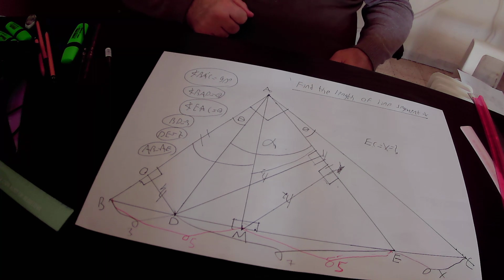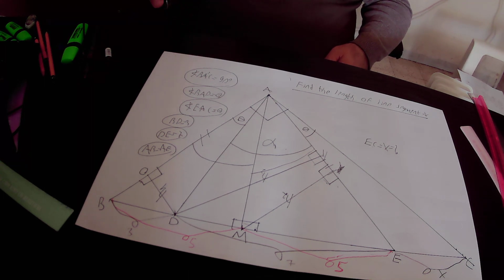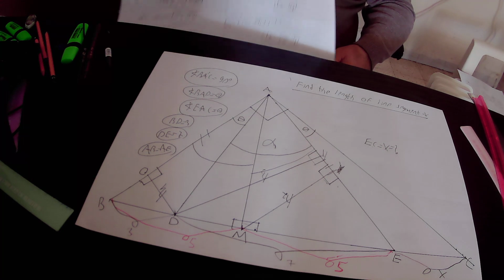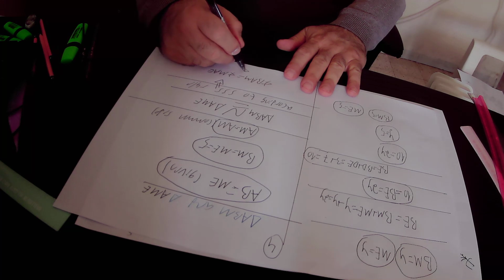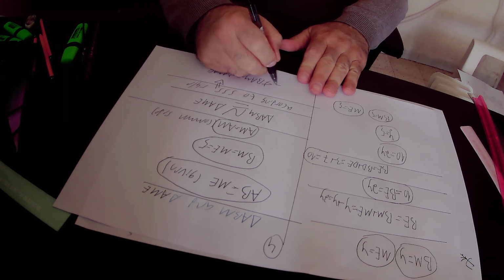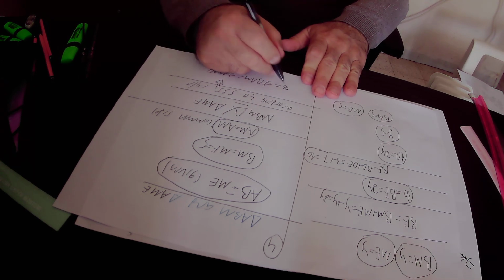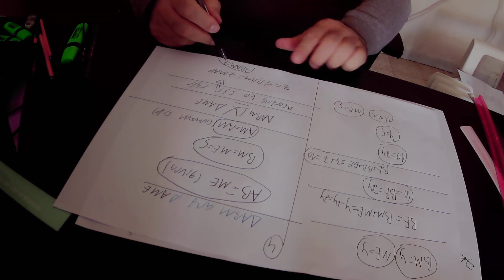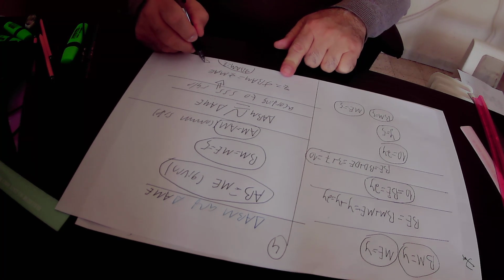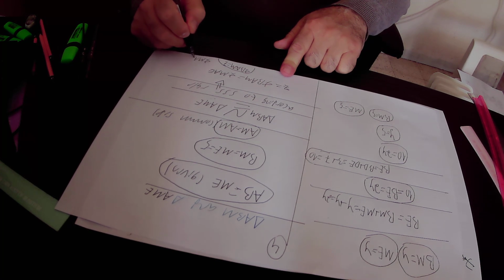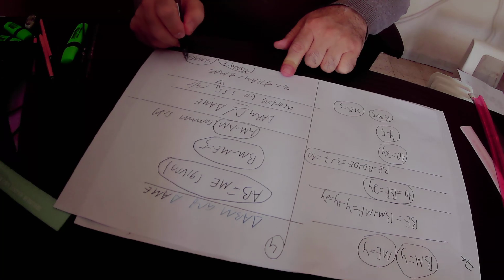And if we define angle BAM as Z, so I can write down here that angle BAM equals Z. And from this equation, Z equals angle BAM equals angle MAE, we will conclude that angle MAE is also equal to Z. Okay?